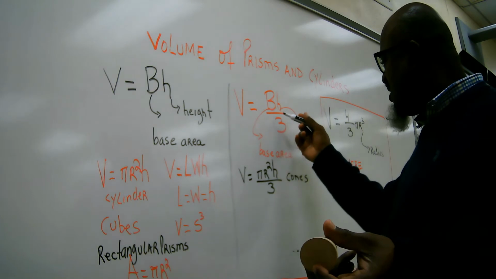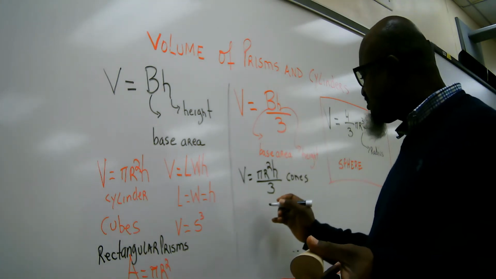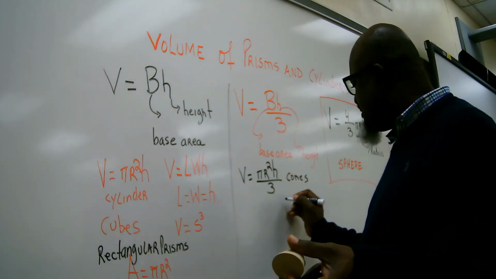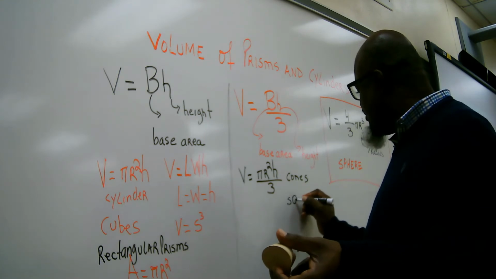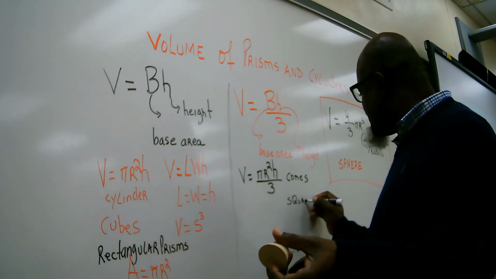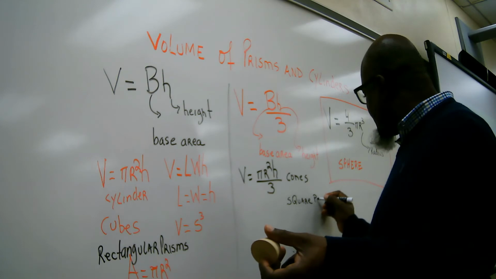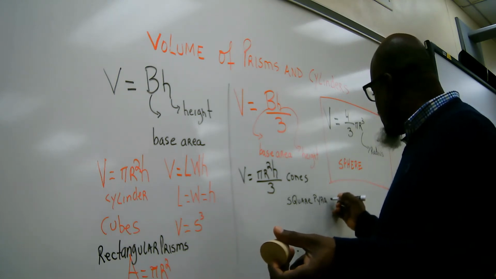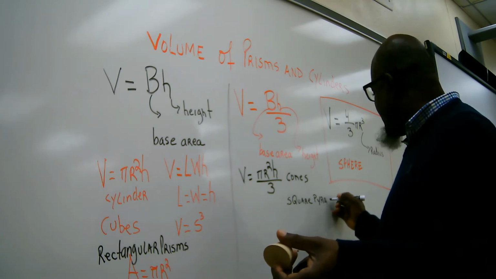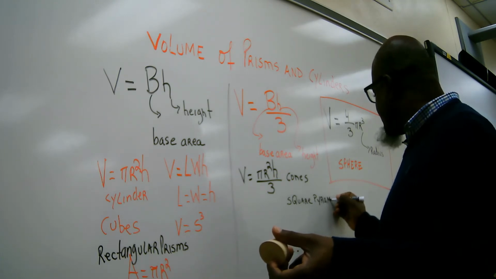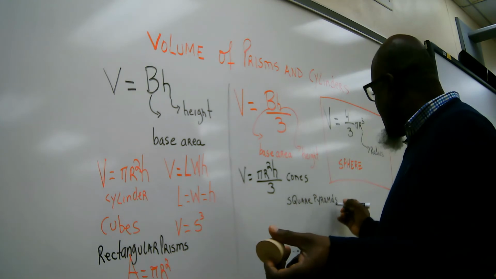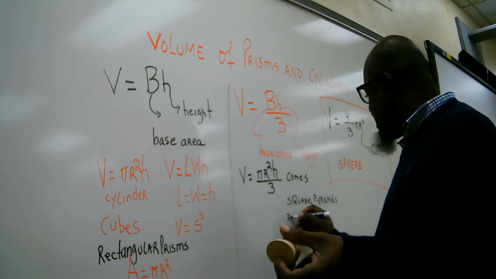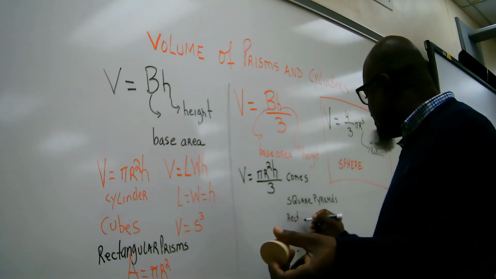So we can use those formulas also for a square pyramid, to find the volume of a square pyramid. Remember that if the base is a square, the length and the width are congruent. And it can also be used for a rectangular pyramid, so the base is a rectangle.